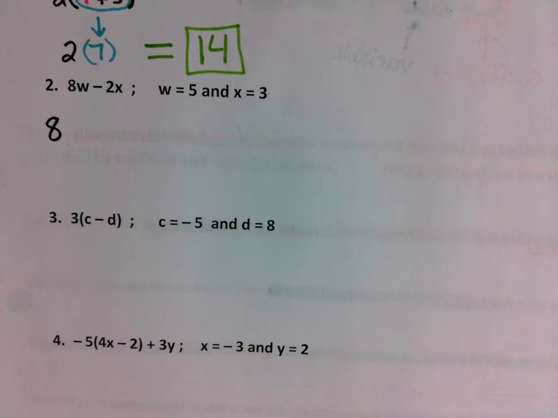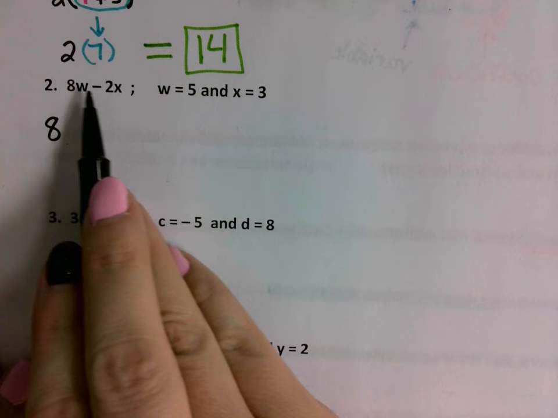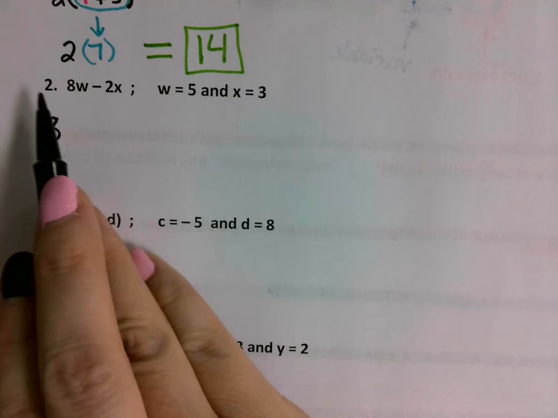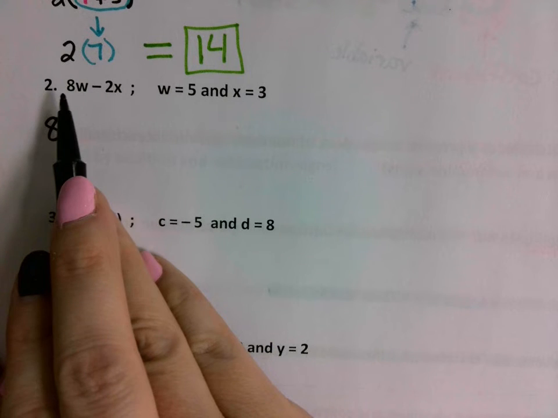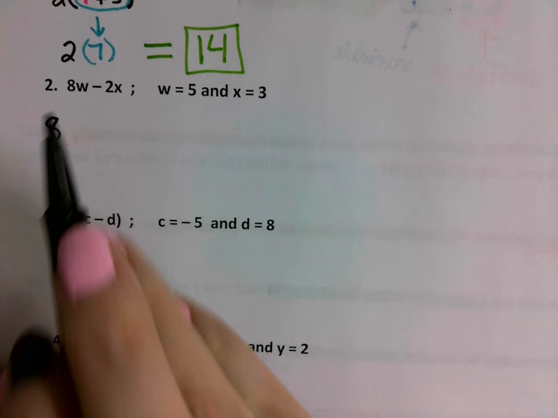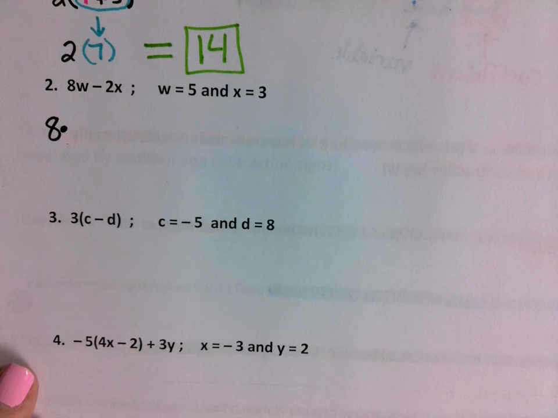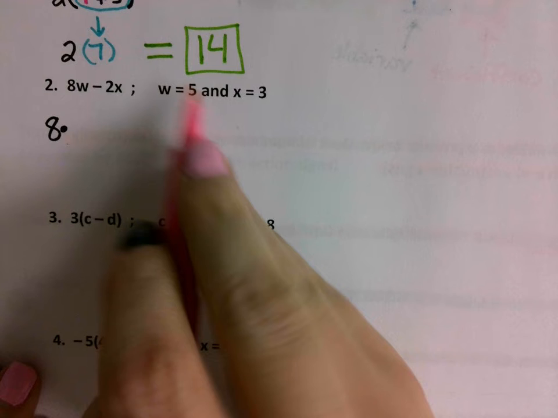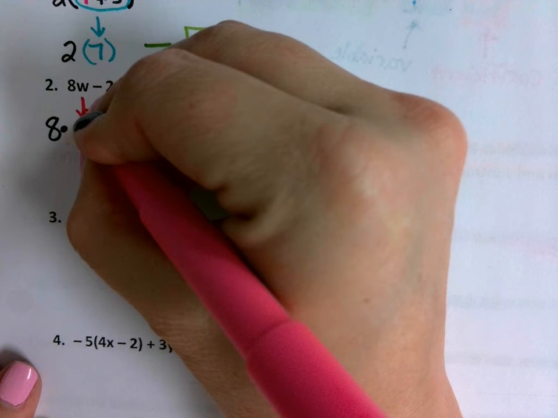But remember, we learned yesterday or the day before that 8w, if you have a number and a variable side by side, or if you have two variables side by side, it means multiplication. This means 8 times w, which is our 5. We're going to replace the w with a 5. So we have 8 times 5.